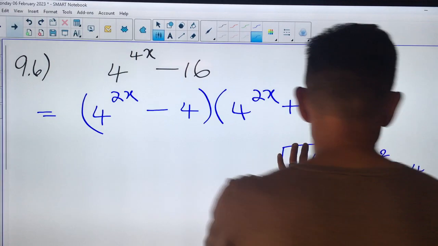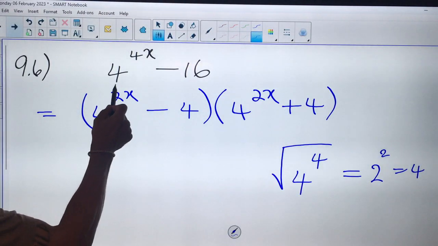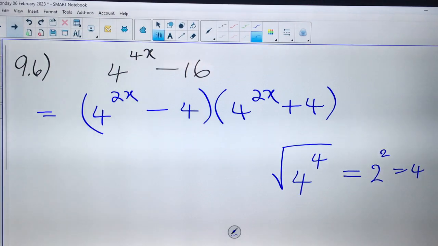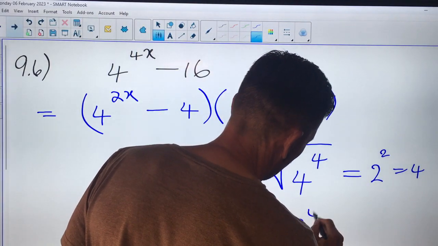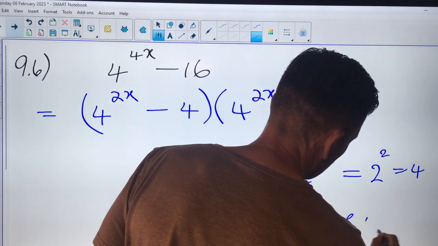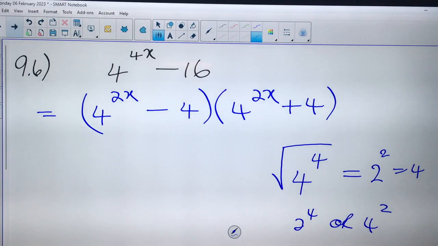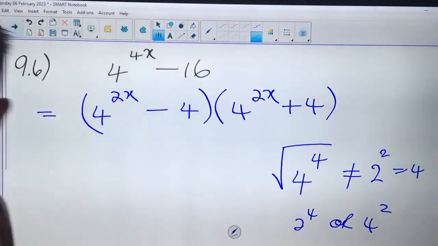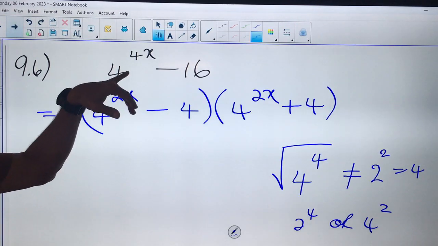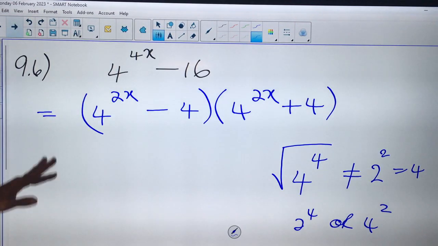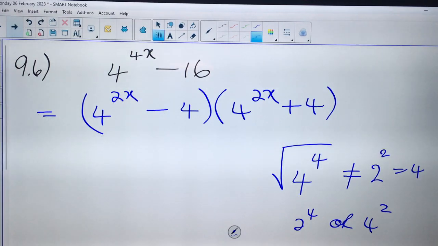To answer your question, you're going to apply it either at the bottom or the top, not at both. So I can do this one and say this is 2 to the power of 4, or 4 to the power of 2, and both those will give me 16, not like what I have done over there. So you're going to do the base or the power, but not both. So you could have 2 to the power of 4x, but then the power stays the same.